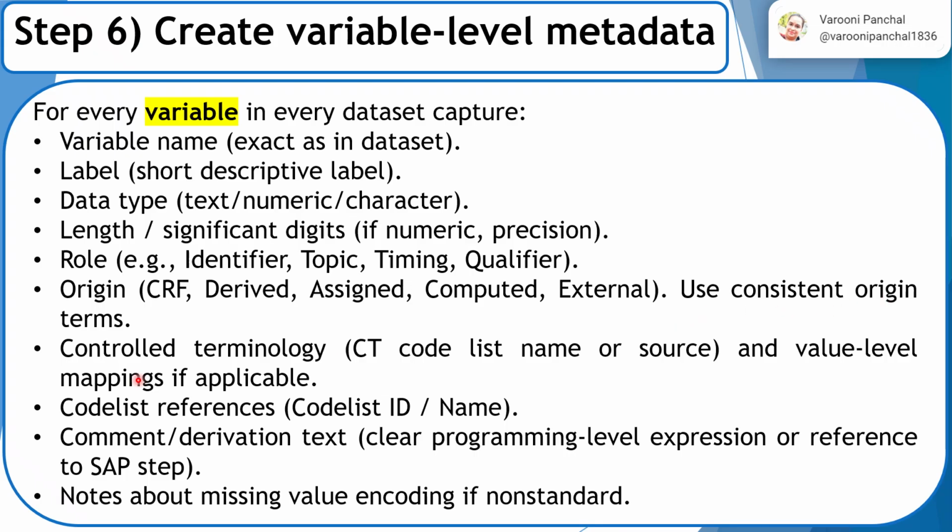Use consistent origin terms. Controlled terminology: code list name or source, and value level mappings if applicable. Code list references: code list ID and name. Comment: derivation text, a clear programming level expression or reference to the SAP step, and notes about missing value encoding if non-standard.